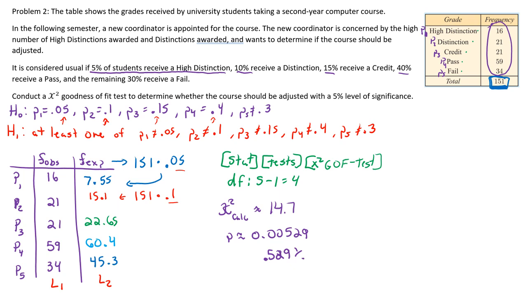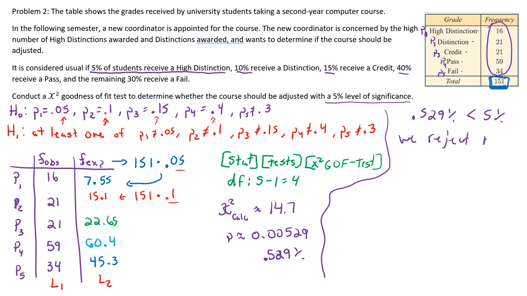As a percentage, we all know that's going to be 0.529%. So now we have to figure out, we're doing a 5% significance level. So we're going to compare 0.529%, that is less than 5%. So we reject the null hypothesis.